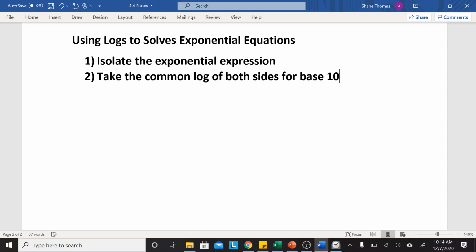For base 10. And you would have the natural log for bases other than 10.